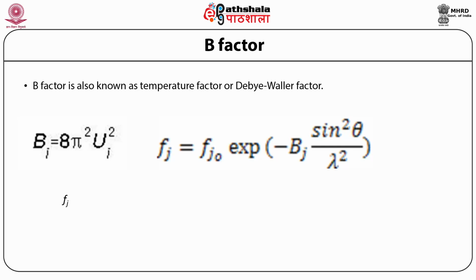Higher thermal vibration means higher B factor, based on the relationship B equal to 8 pi square U square. We already know the expression Fj equal to Fj naught exponential of minus Bj sine square theta by lambda square, where Fj is the thermal vibration corrected atomic scattering factor.